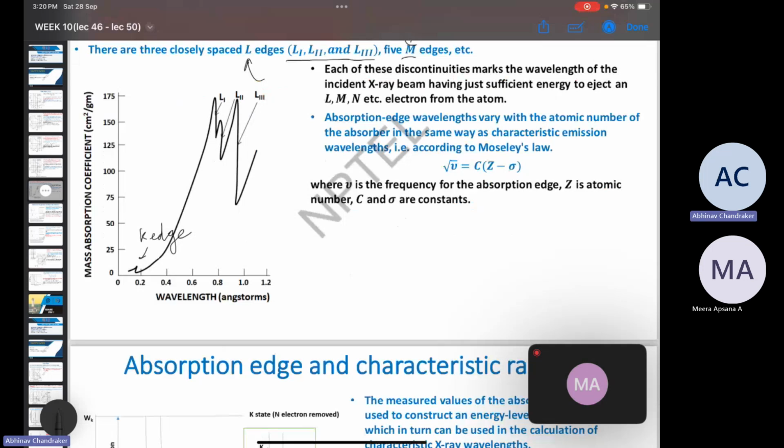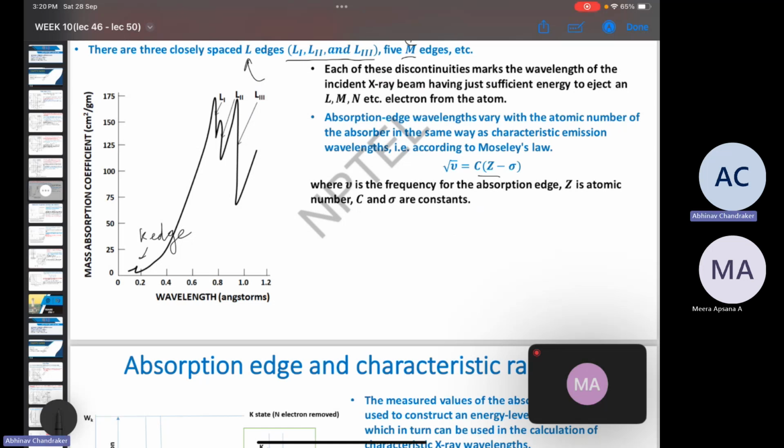And now that we know the relationship between the absorption edge and the wavelength, we can also relate it to the atomic number of the specimen. We know that the energy required to remove an electron from an atom at ground state is dependent on the atomic number of the atom, because the atomic number decides the positive charge of the nucleus.